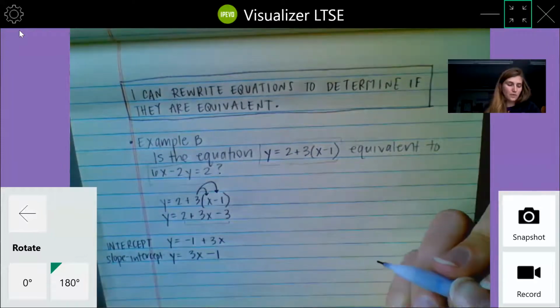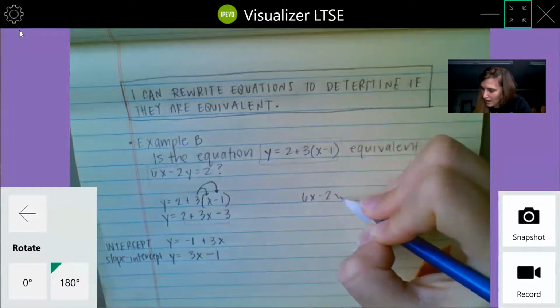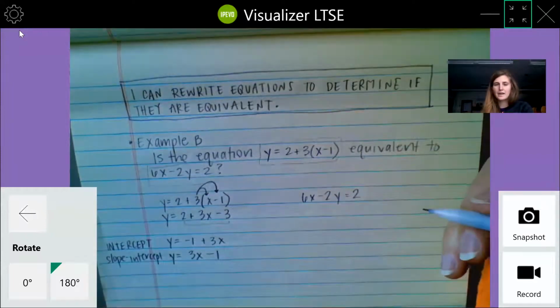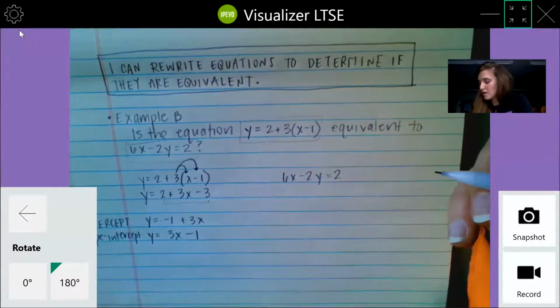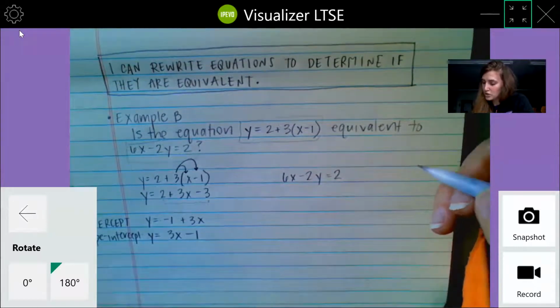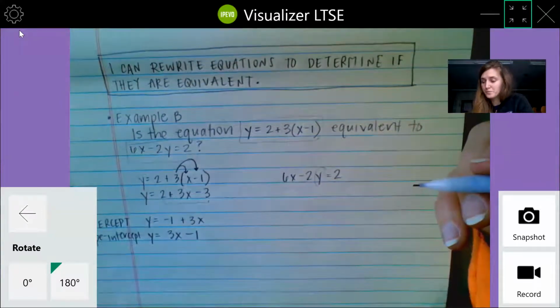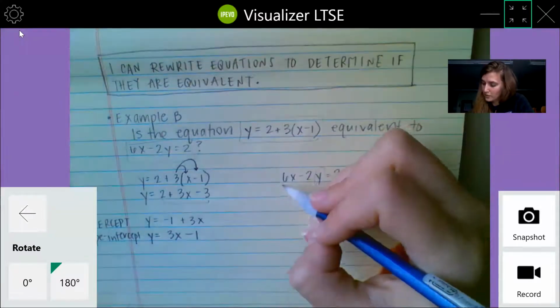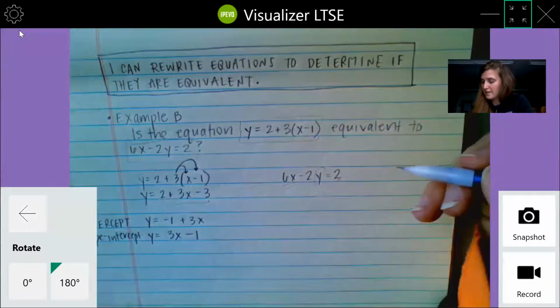All right, so let's give the other one a try. We have 6x minus 2y equals 2. And again, we're going to change this to be in slope-intercept form. So what I want to do is get my y all by itself. So I'm going to first get rid of my 6x. I'm going to move that over to the other side.